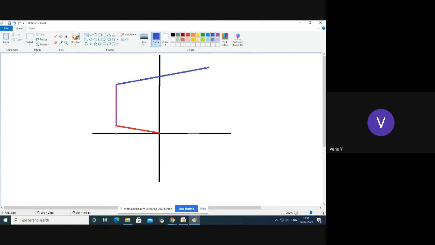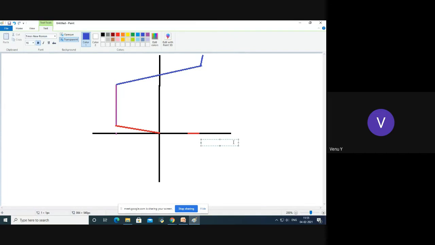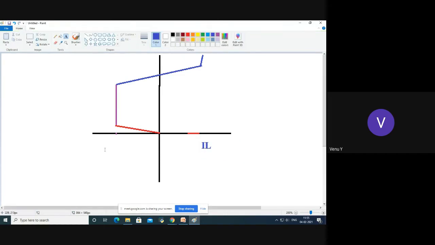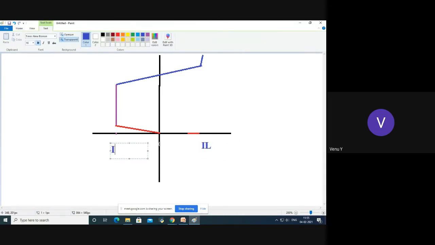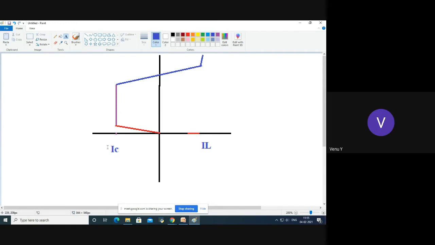During the linear zone of operation, the allowable range of voltage is here, like in SVC. The positive x-axis is IL, and the negative x-axis is IC. Here this is IC maximum, and IL maximum.